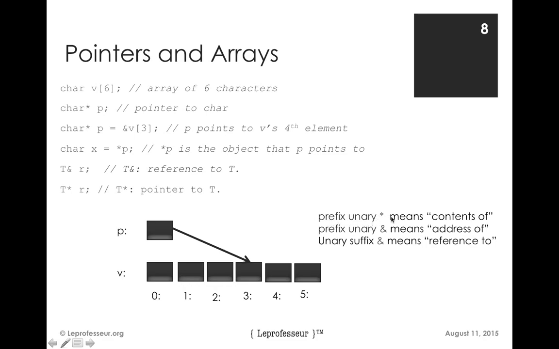Prefix unary asterisk means contents of, just too easy to remember. When you prefix ampersand, it means the address of, and when you suffix ampersand, it means reference to.